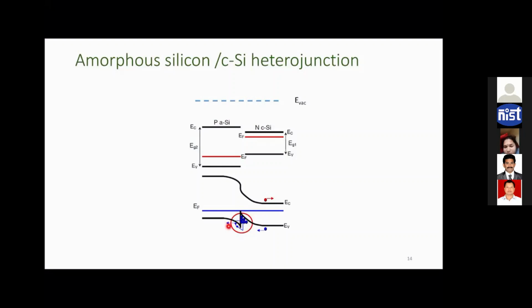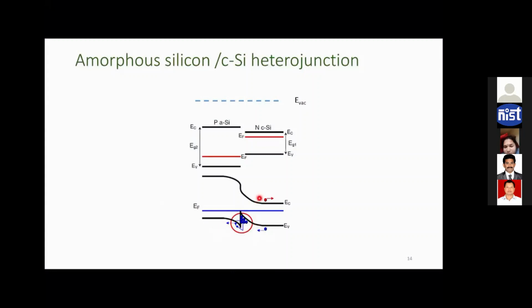Now, in order to have efficient tunneling, you have to dope this P amorphous silicon to a high level so that the barrier for tunneling for the hole to go to its respective contact or transport layer is less. So you are going for a high doping of P amorphous silicon. This will give you nice transport of the photogenerated holes across this valence band throughout the interface.